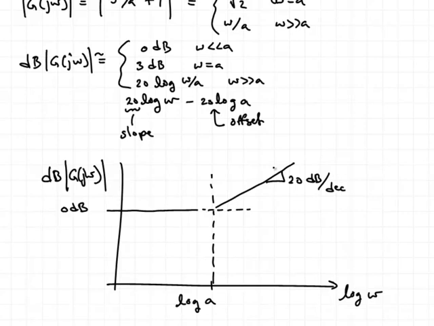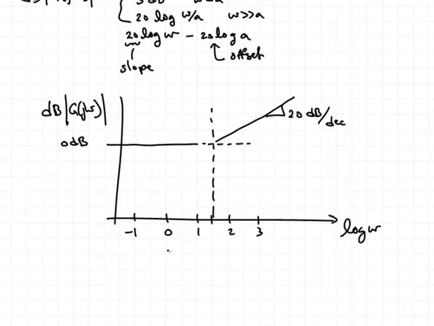And what we can do is, if we do log of omega, then we'd plot things like 1, 2, 3, 0, minus 1, right? So this is log of omega, and then omega here would be the anti-log of that.